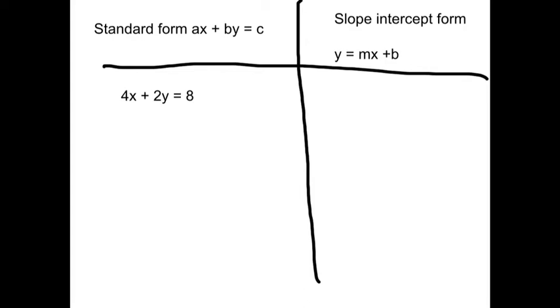And our goal is to be able to convert it into slope-intercept form, because slope-intercept form allows us to graph lines by just looking at the equation, whereas standard form will not allow us to do that.